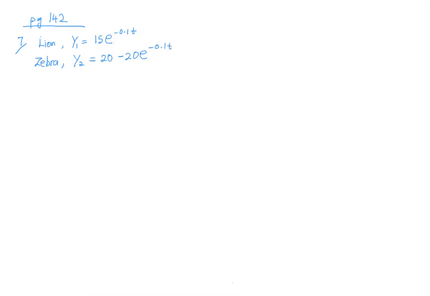Okay, now, if you have a look at this, so what we will do is, they ask you, find the speed of each animal after 1 second. So that one should be simple enough. Show that the lion's speed is decreasing over time, whereas the zebra's speed is increasing over time.